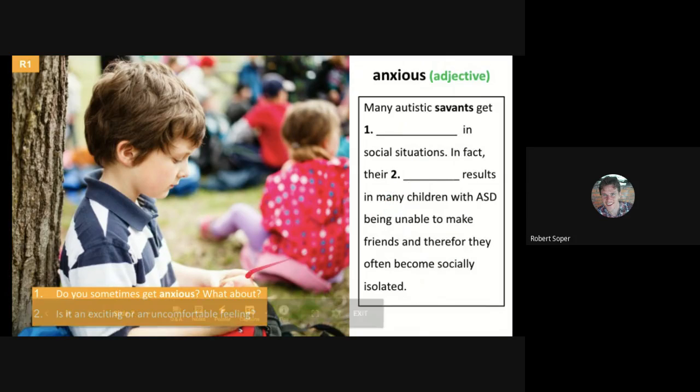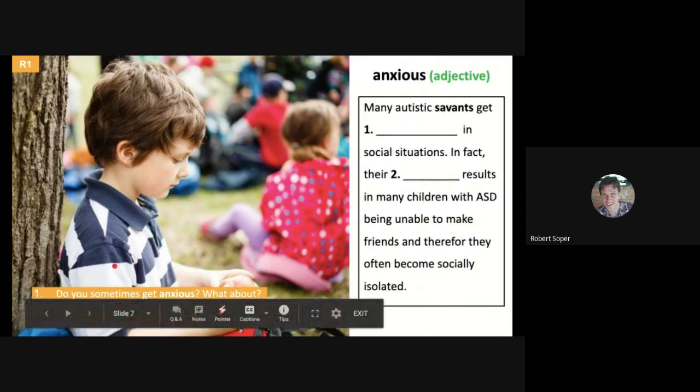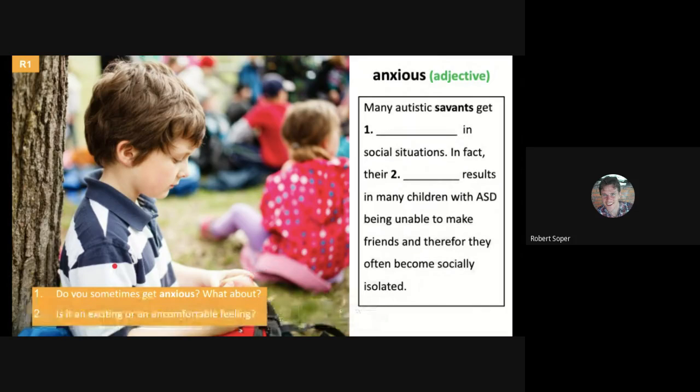Before we move on, let's ask ourselves some of these questions. Do you sometimes get anxious? And if you do, what about? Okay, good.